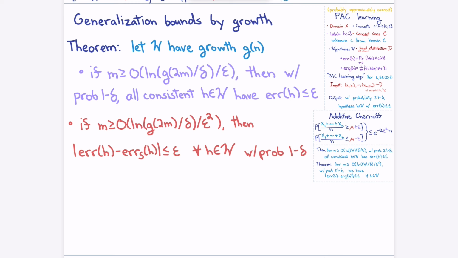What we did last time was, if g of n is any polynomial, then this is going to look like d log 1 over delta.